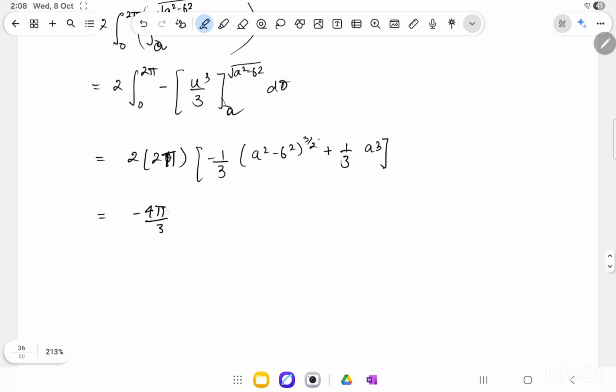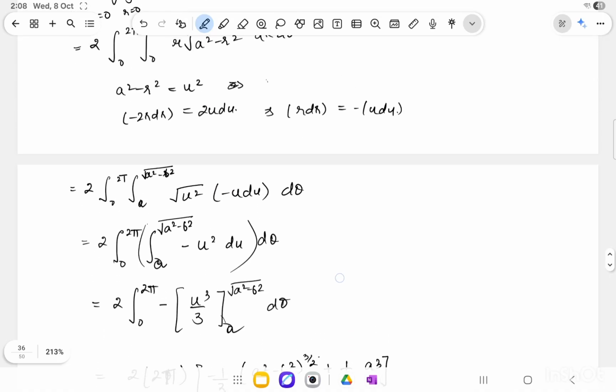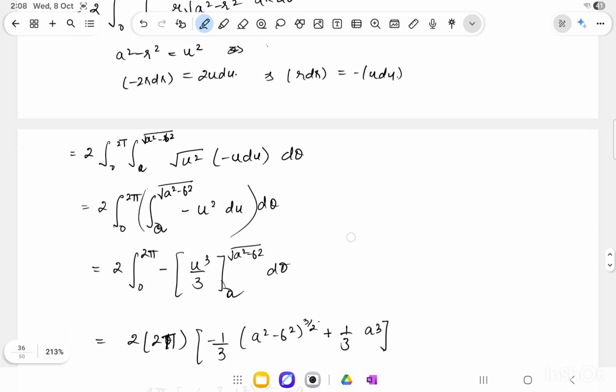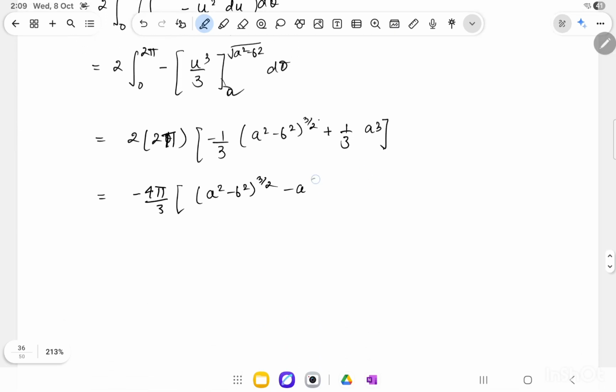So that simplifies to minus 4 pi by 3 into a square minus b square raised to 3 by 2 minus a cube, which equals 4 pi by 3 times a cube minus a square minus b square raised to 3 by 2.